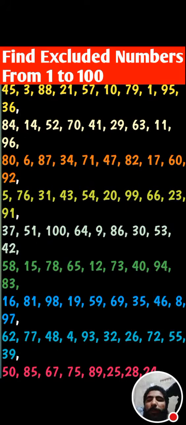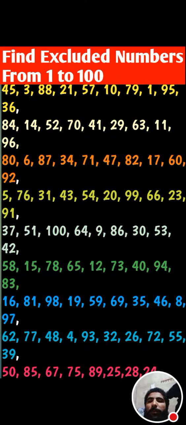So we have to find number 73. 73 is also presented on the 11th row from the top. The sixth number of the 11th row from the top is 73. So we have to find number 74.